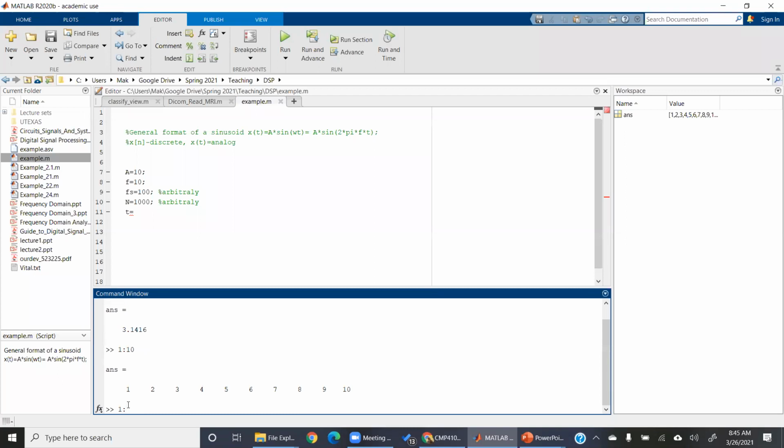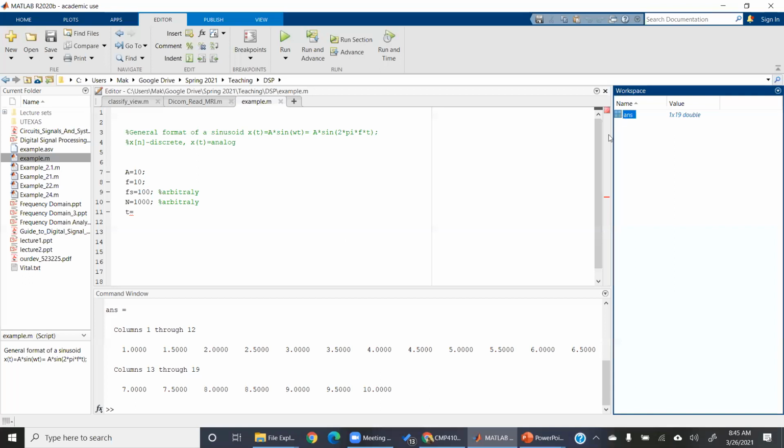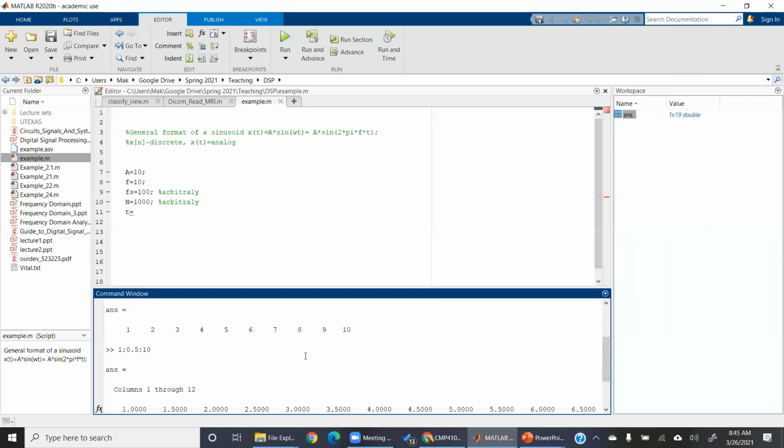If I had written 1 colon 0.5 colon 10, I'll generate an array between 1 and 10, but this time with a spacing of 0.5, and that means I'll have 19 points.